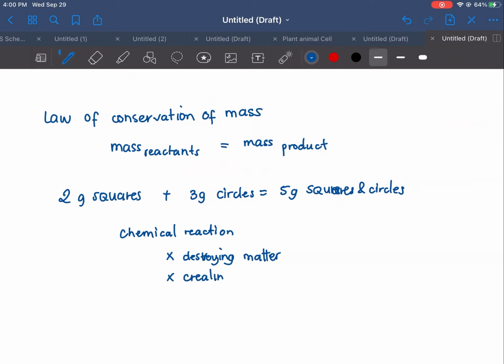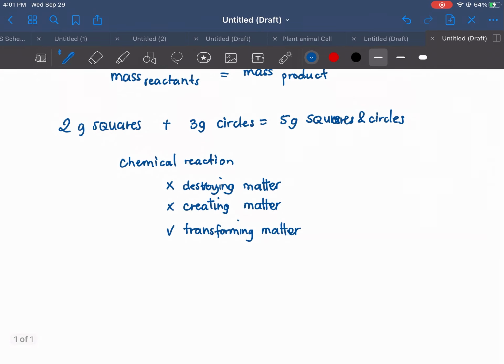Matter is only transformed. We put together two things, and in the end we are changing them. We're not creating them, we're not destroying them. We are changing or transforming them.